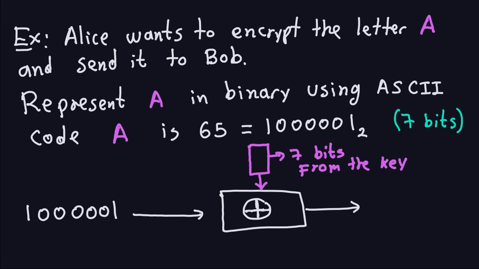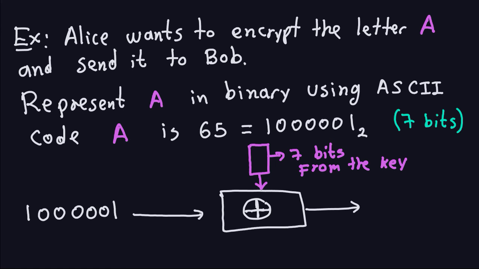If I have 20 bits coming into the stream cipher, I will have to feed in 20 bits from the key. How to get these bits from the key is a very important process. That's the main part of the stream cipher, and we're going to talk about that later.